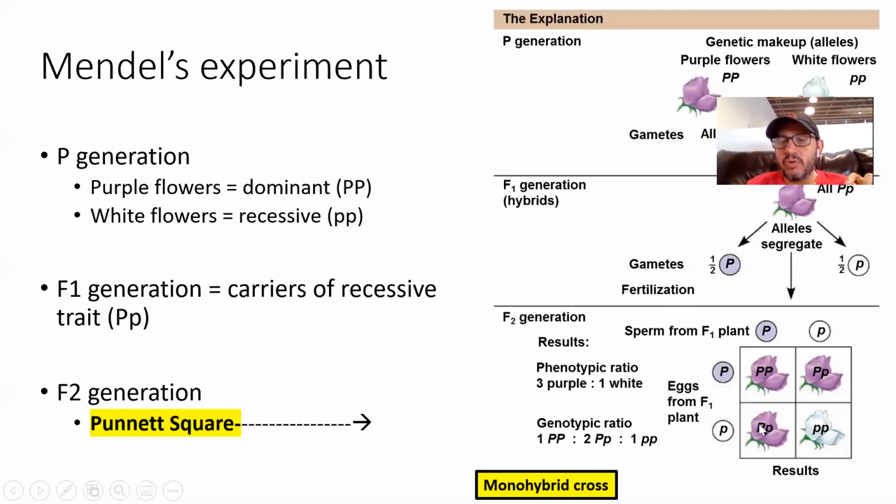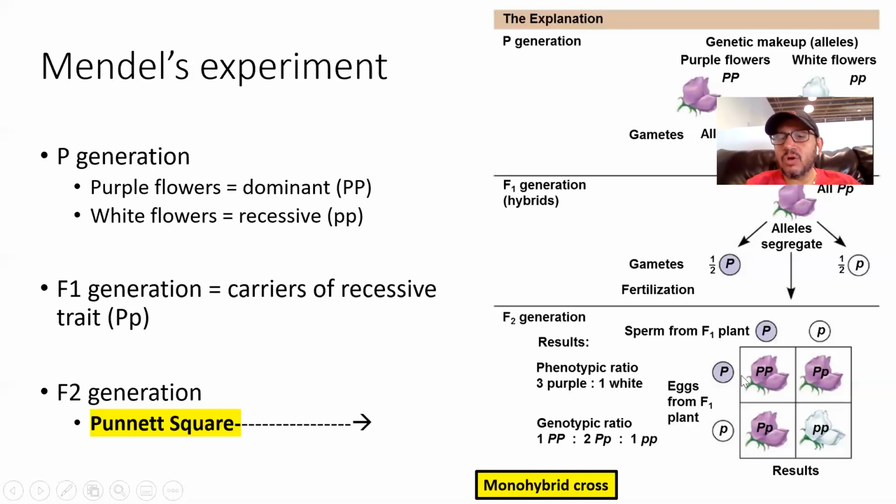So the 3-to-1 ratio that we're seeing is phenotypic. Remember, phenotype is what you can actually see. The genotype is the alleles. The phenotype is 3 purple flowering plants to 1 white flowering plant. But the genotype is actually a 1-to-2-to-1 ratio. How?